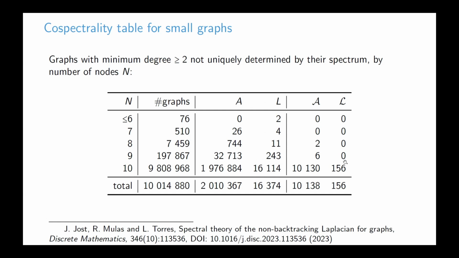But then what we showed is that at least for small graphs, the non-backtracking Laplacian is better than the adjacency matrix at distinguishing non-isomorphic graphs. And we believe, we conjecture that this holds also for bigger graphs, and we believe that the reason is behind this spectral property of the cycles that I mentioned earlier.